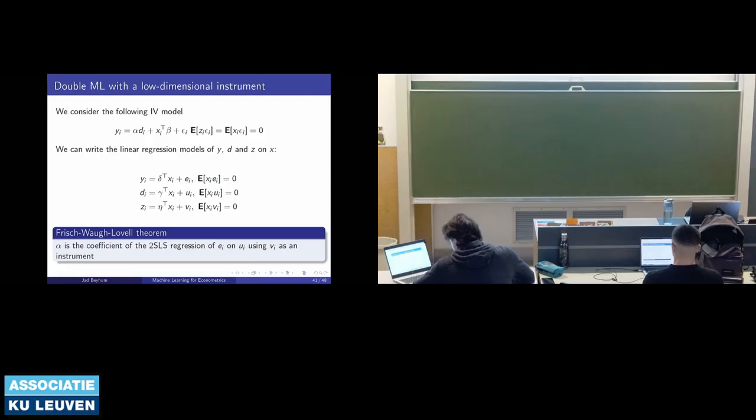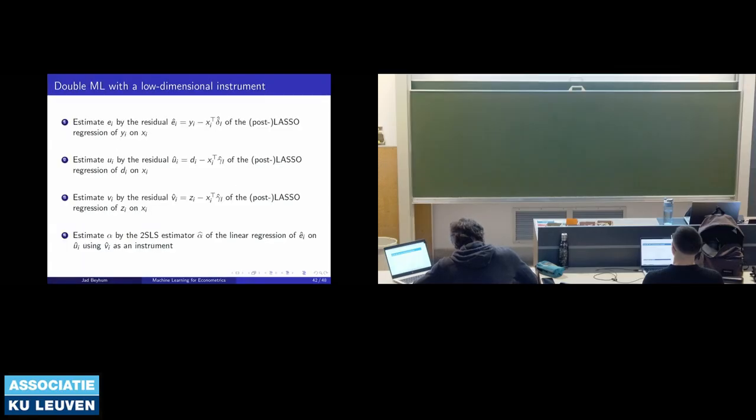And then what can we do? Exactly as double ML for the standard linear regression without IV, we are going to estimate E_i, U_i, and V_i by different lasso regressions, and then we are going to run 2SLS. So that's again an adaptation of the double ML of before. So first, I estimate E_i by the lasso regression of Y_i on X_i, and I can also use post-lasso, not only lasso, both are fine.